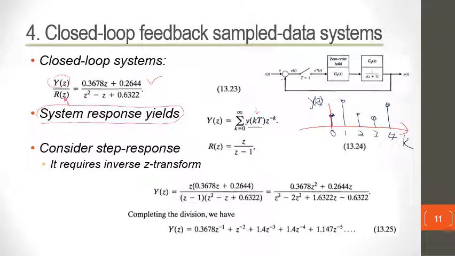So consider, for instance, if you are looking for a step response. If you're looking for a step response, we want to calculate Y of Z. Y of Z is going to be equal to T of Z times R of Z, right? And we know already T of Z is this.